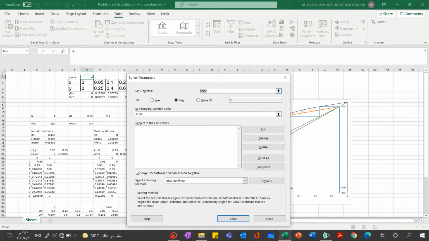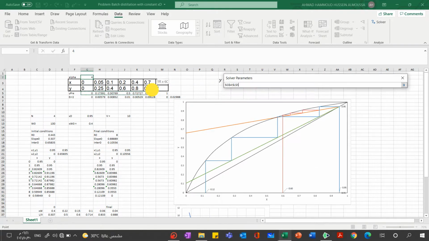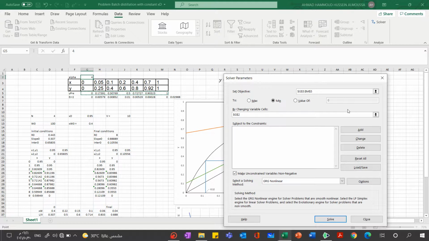set the objective. The objective is this. Which then put value of equal this.